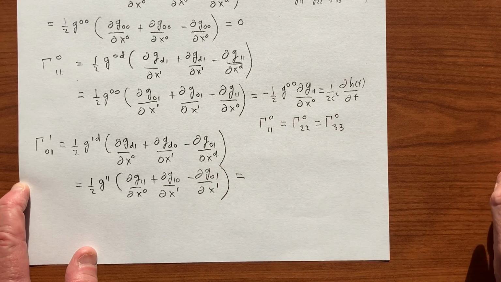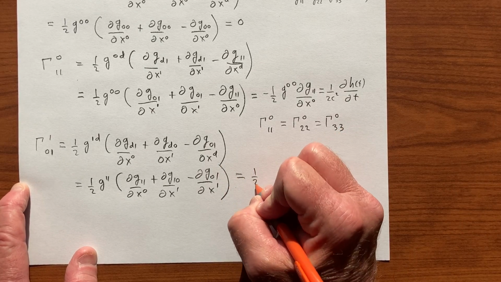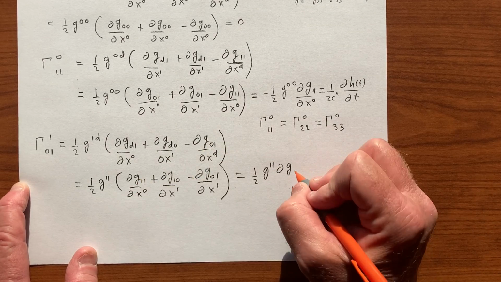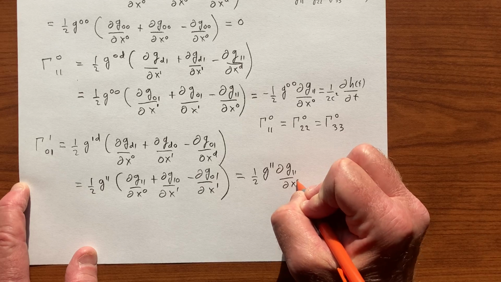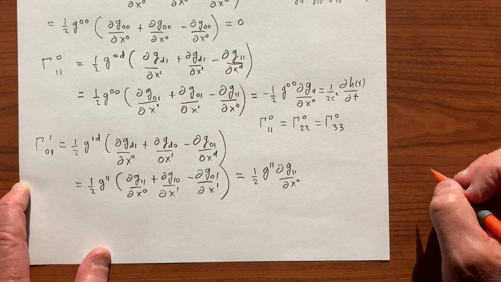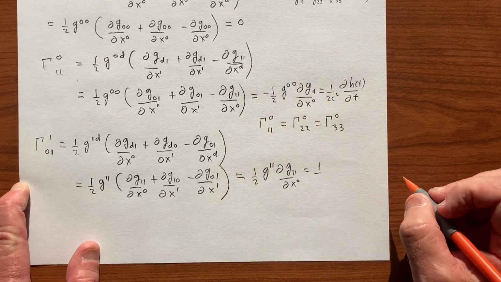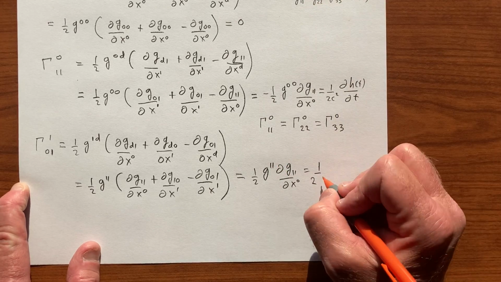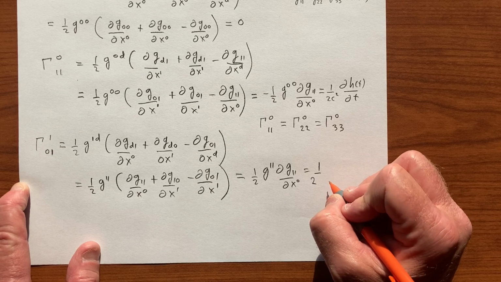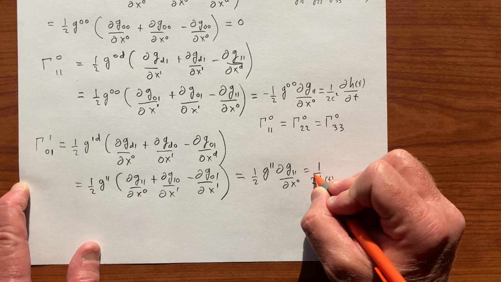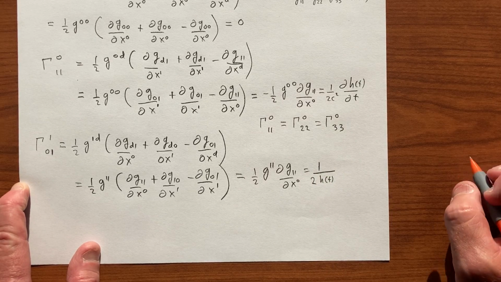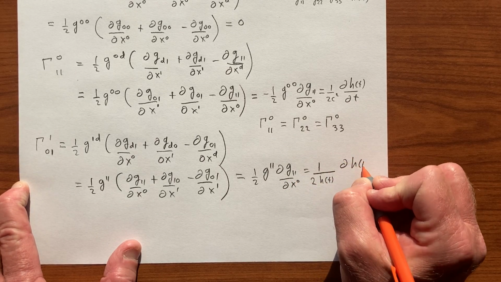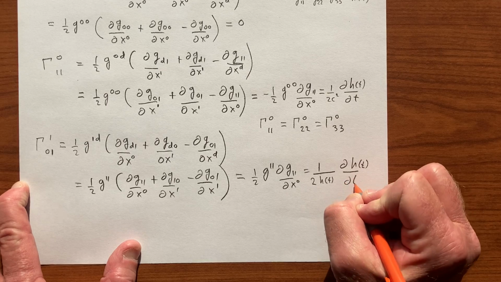So this gives us 1/2 g^{11} times the derivative of g_{11} in time, or x0, and that is 1 over 2, right? The inverse of this is 1 over h, so we have a 1 over h here. 1 over 2h of t, times the derivative in time of that same thing, the derivative of h of t in time.